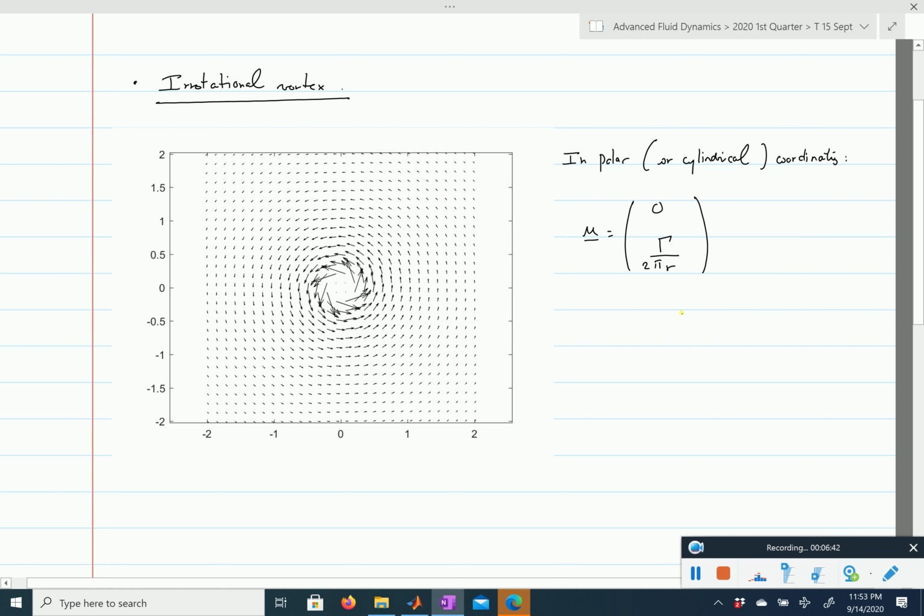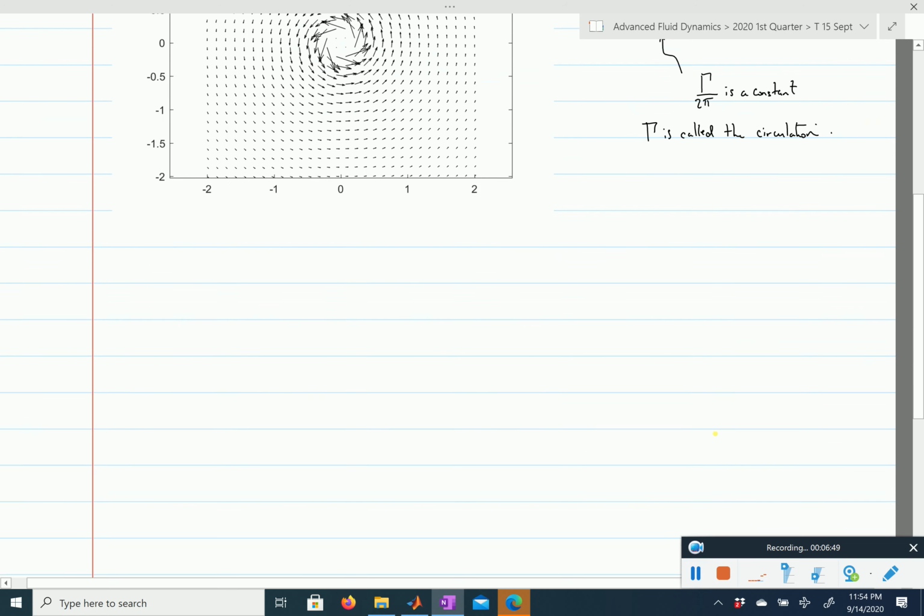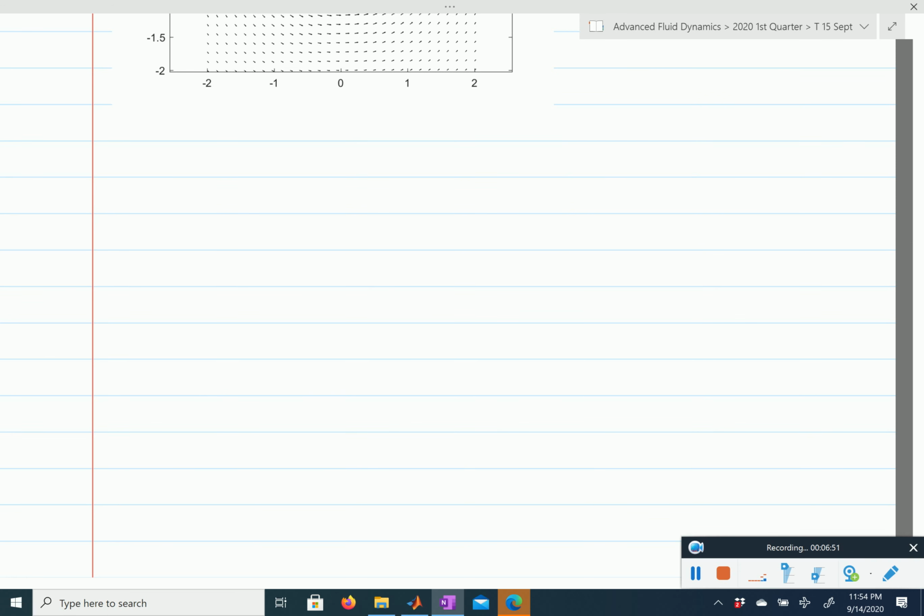So gamma divided by 2 pi is a constant, and gamma is called the circulation. Okay, so this is a straightforward introduction of what velocity fields are.